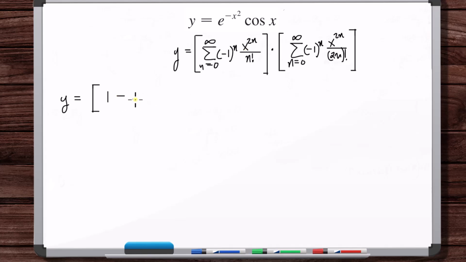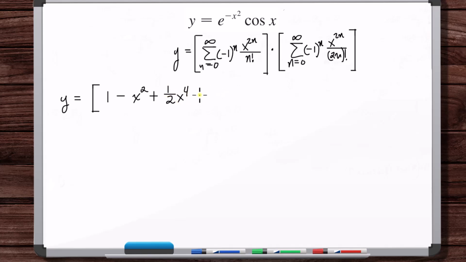Then we're going to have minus 1 factorial, x squared, so minus x squared, plus 2 times 2 over 2 factorial, so 1/2 x to the fourth.